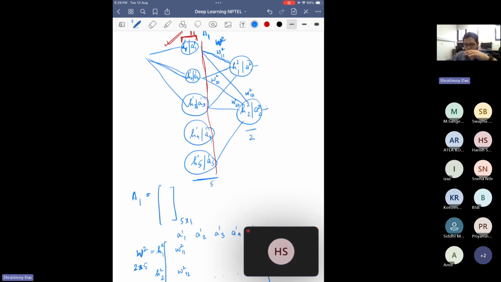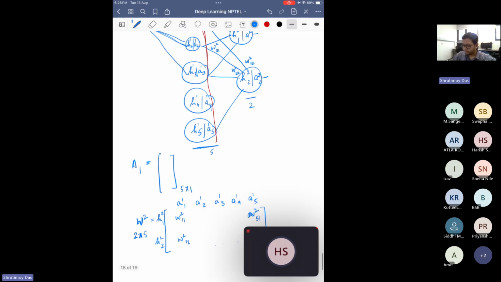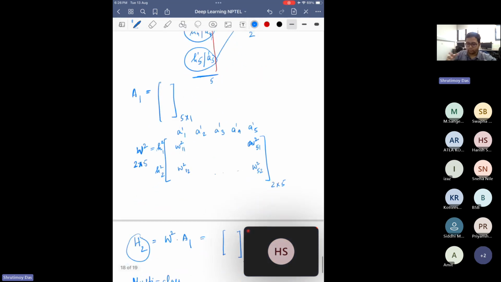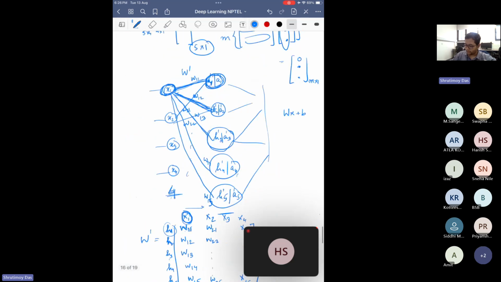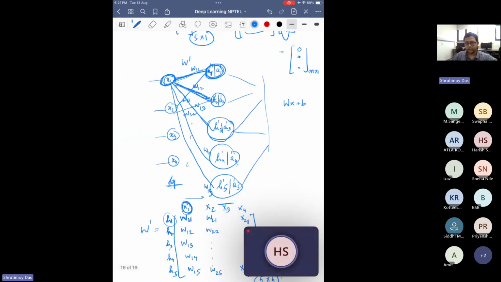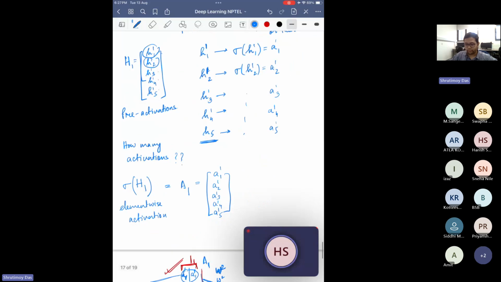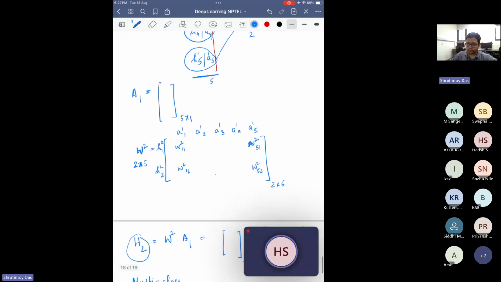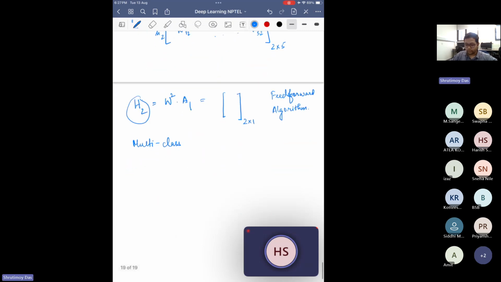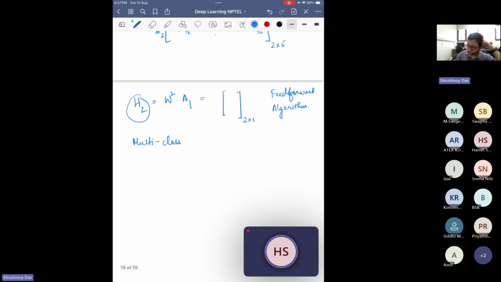You give the number of hidden layers, specify the type of activation you want to use, and how many layers you want. In this case, we have only one hidden layer. Getting the sizes correct is very important, because otherwise you'll get a lot of errors. So is the feed forward algorithm clear, or are there any doubts?